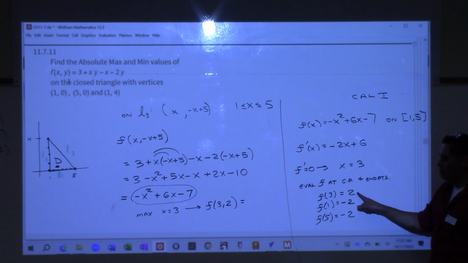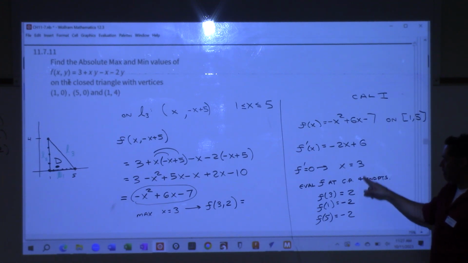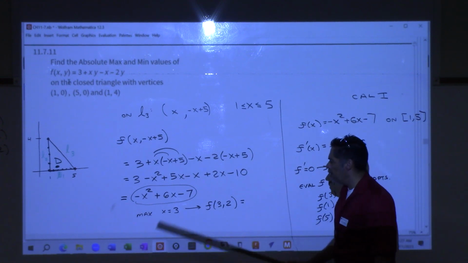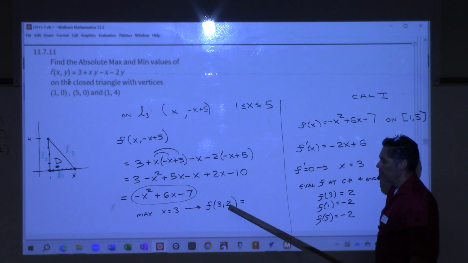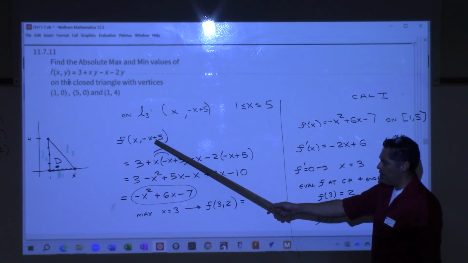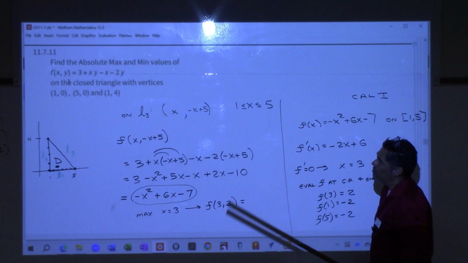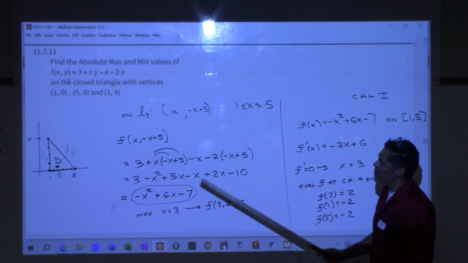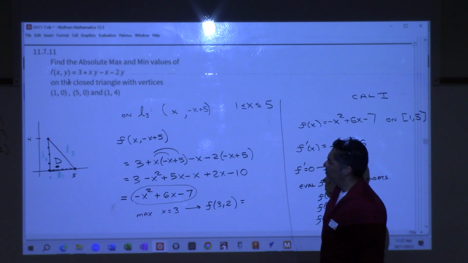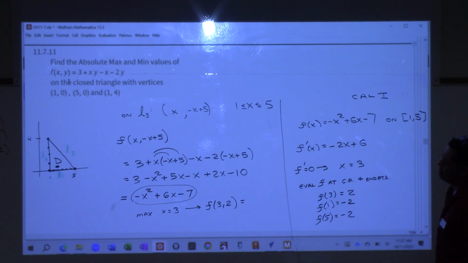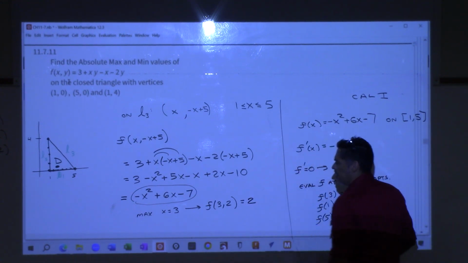I should get 2, whatever this gave me. But let's just double check it. What happens when you plug 3 in for x and 2 for y? Y'all know where this 2 is coming from? It comes from that right there. So just double check that when you plug 3 and 2 in here, you should get 2. 6 plus 3, 9, take away 3, 6 minus 4. Yeah, so it's 2. You get 2 when you plug that in.